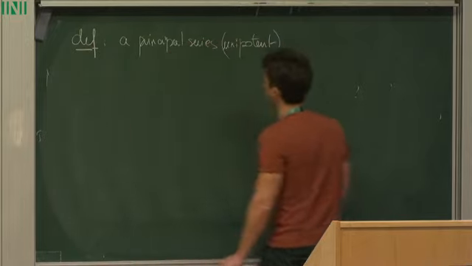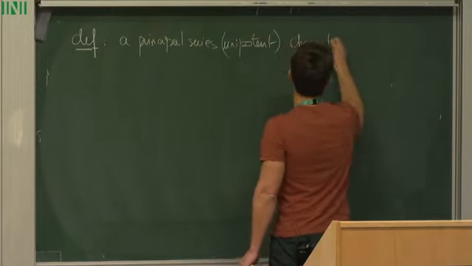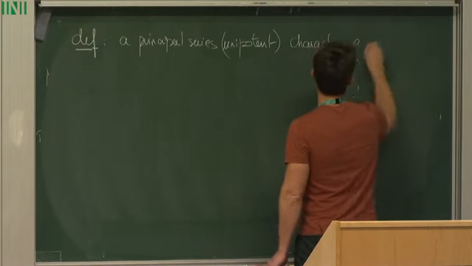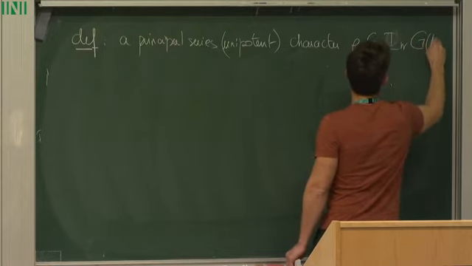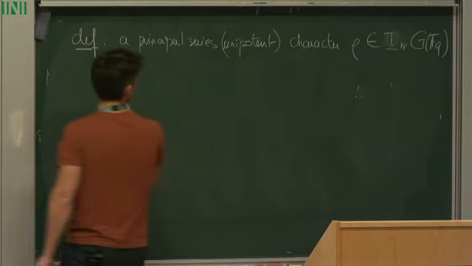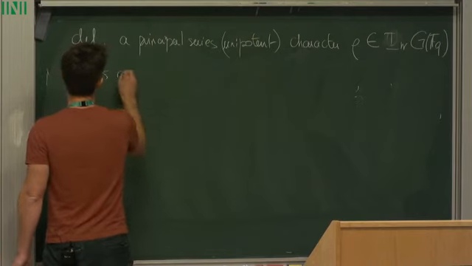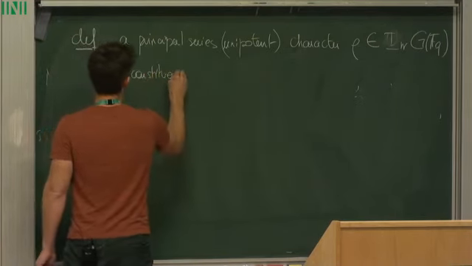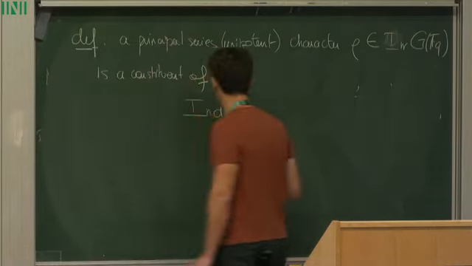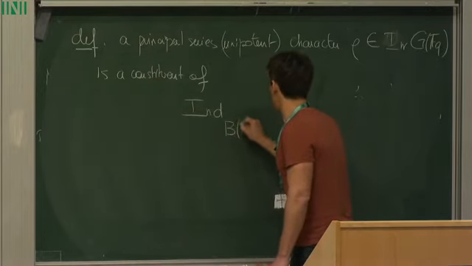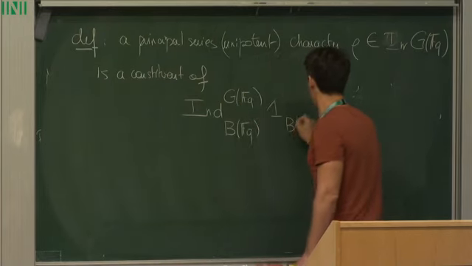Sometimes I will just forget about the unipotent property. So ρ is an irreducible character of G^F which is an irreducible constituent of the induced representation from the Borel to the group G of the trivial representation of the Borel.